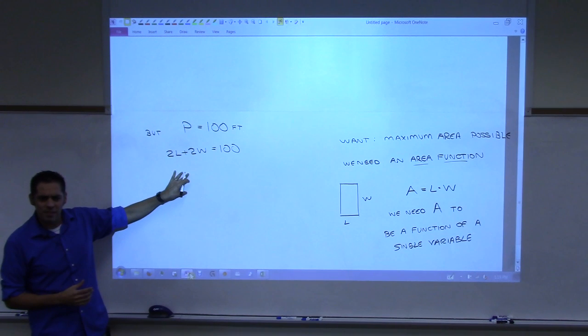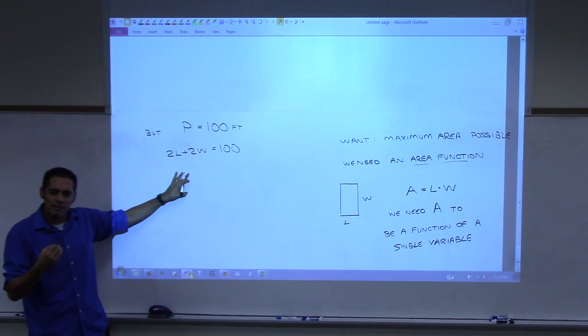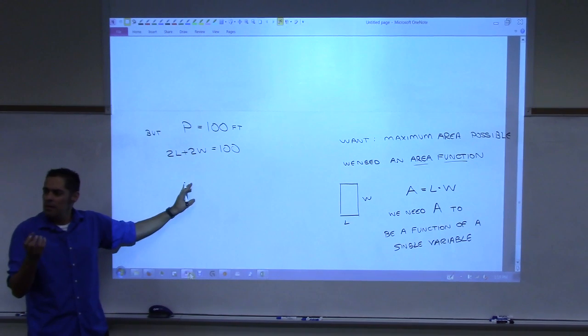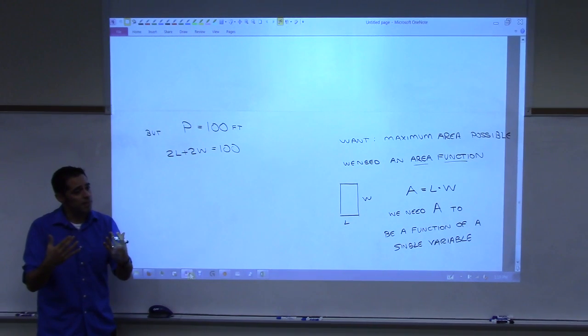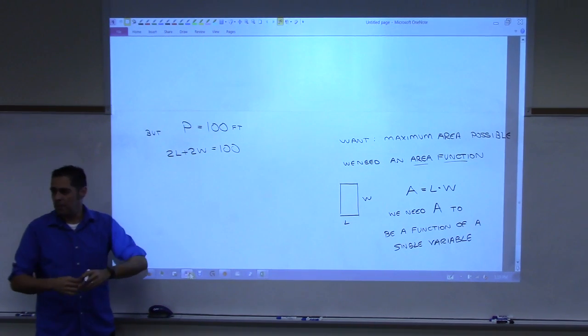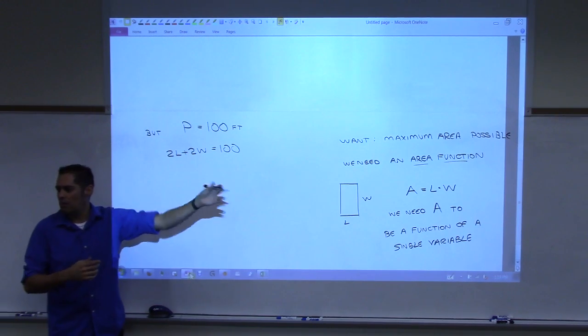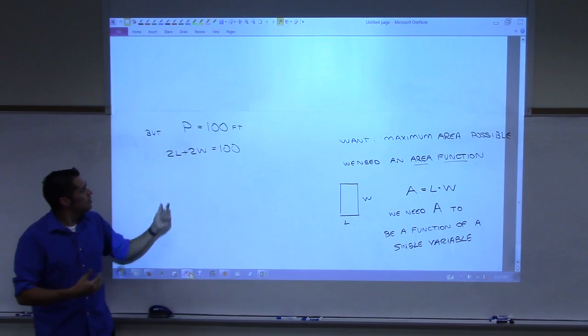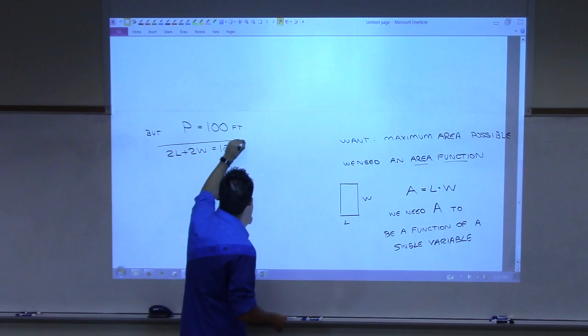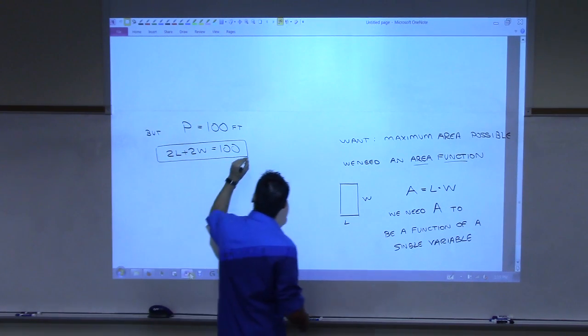That's what we call it, actually. We call this the constraint equation. This is the thing that is going to dictate what the relationship between L and W must be. Can't just build this fence 1,000 feet long. We only have 100 feet of fence. So this right here, I'm going to box it, is called the constraint equation.